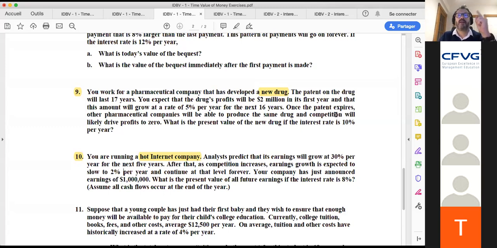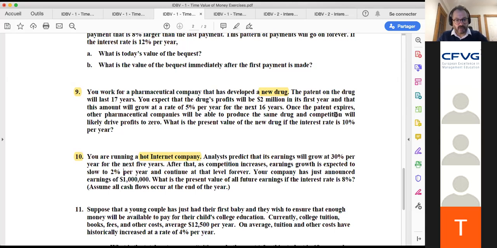The earnings will grow at 30% in the next 5 years. After that, competition increases, and so the earnings are expected to slow. So from year 6, after that, G is only equal to 2% forever.